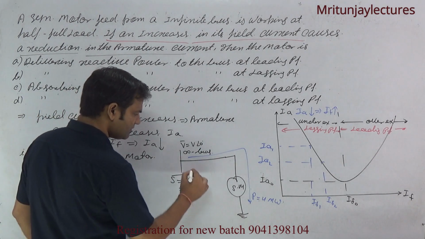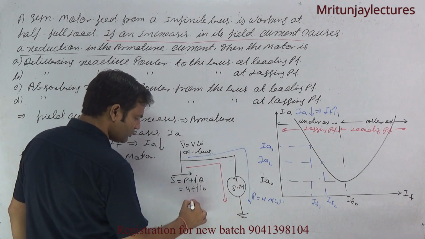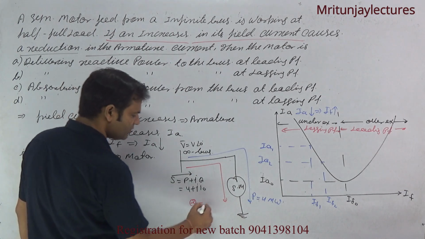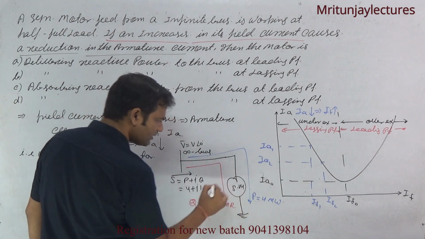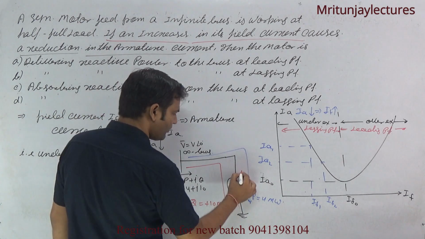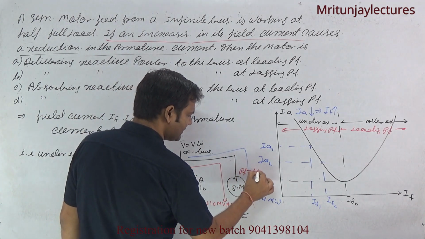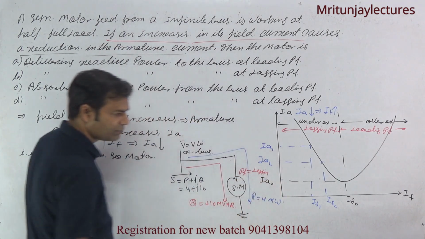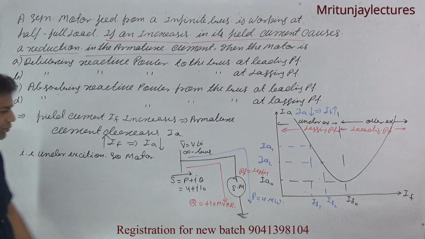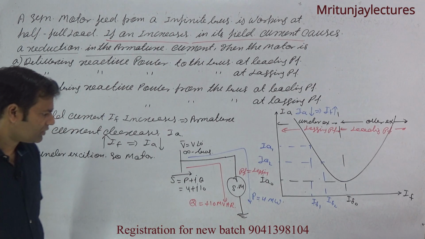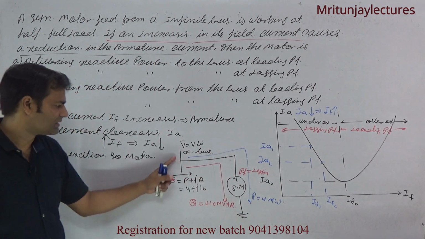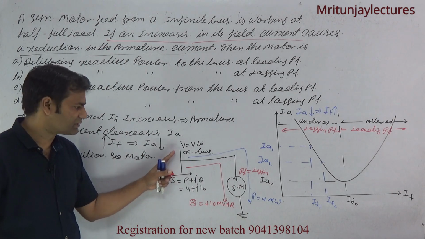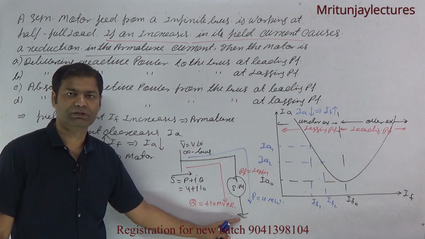Q is positive, so the power factor is lagging. Clear? Q is positive means power flows from the infinite bus to the synchronous motor.